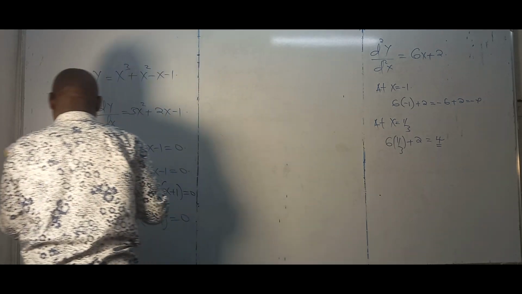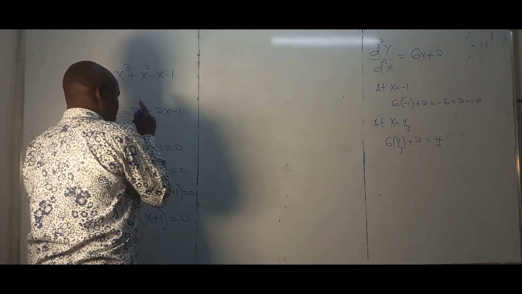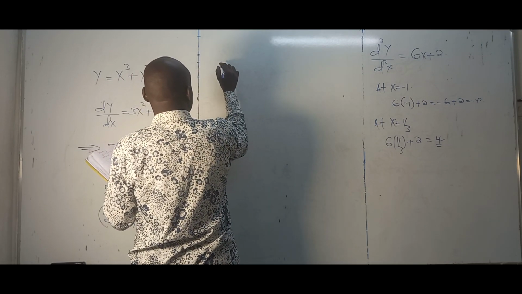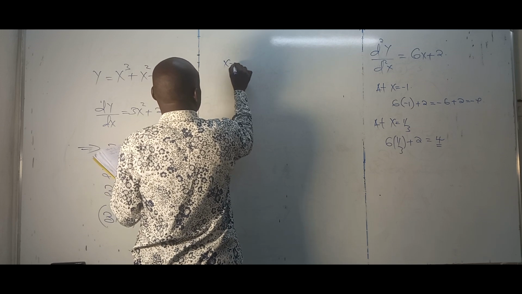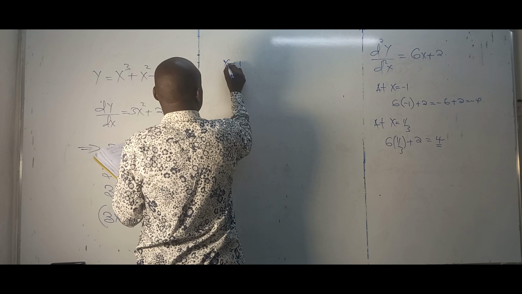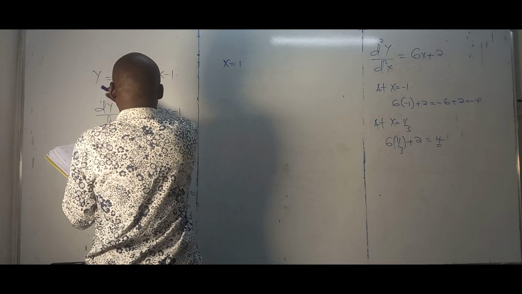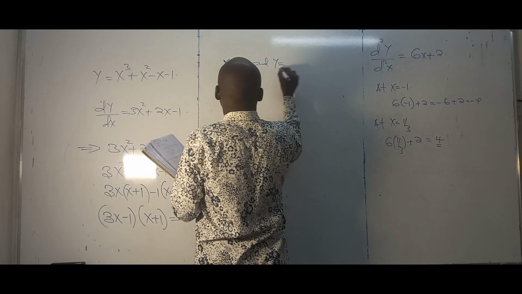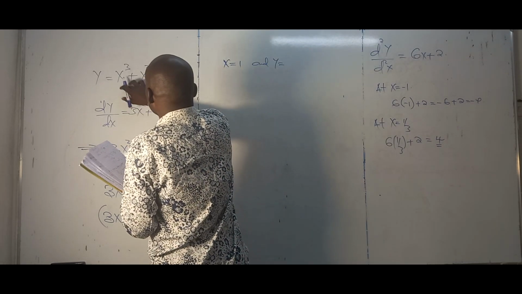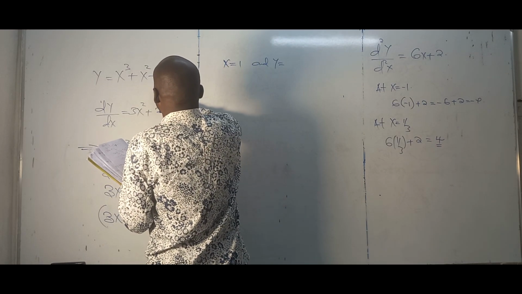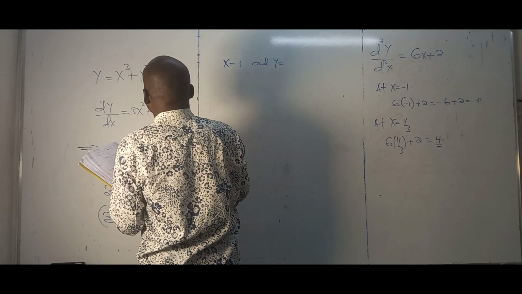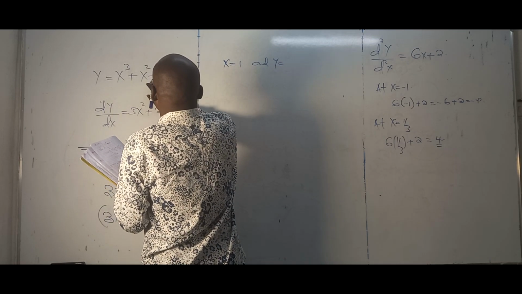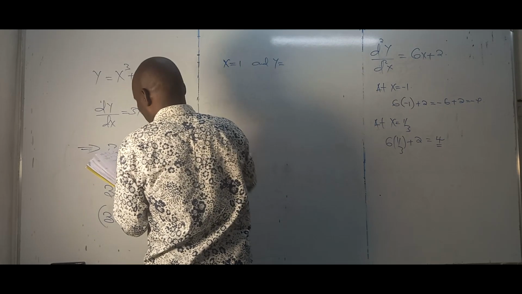So it means this tangent at the point where they intersect with this curve, x is 1, that's for sure, and we can get y as well from here, and y is 1 plus 1, that is 2, minus 1, 1 minus 1, 0.